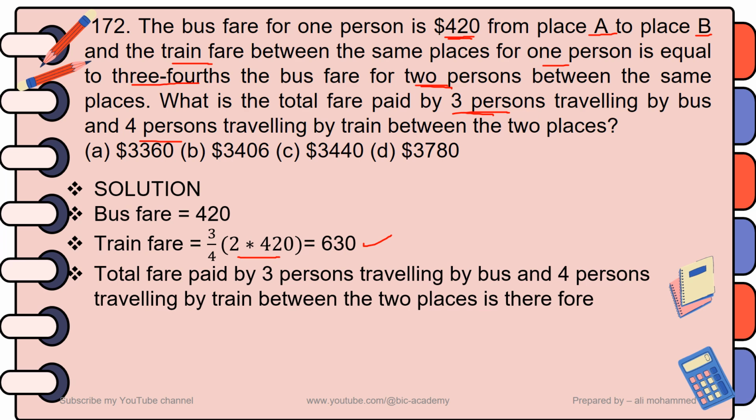Now the total fare paid by 3 persons traveling by bus and 4 persons traveling by train between the two places is therefore the sum of 3 persons times 420 plus 4 times 630, because the amount of money paid by a person when traveling by bus is 420, and the train fare is 630.